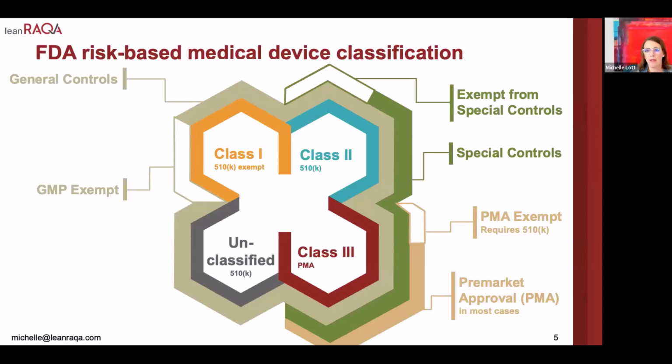Class 2 have other types of requirements, including the requirement of a 510K, other special controls like guidance documents, and then class 3 PMAs require a different, more complex submission. Generally, the unclassified devices require what's called a 510K.